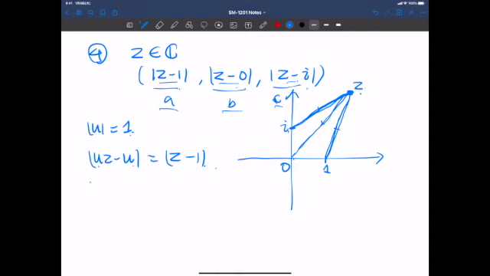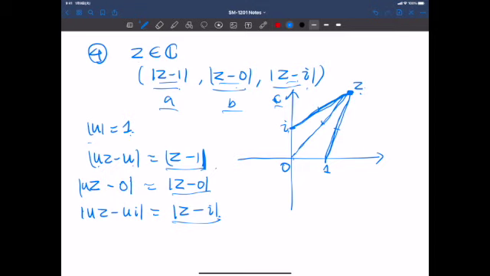And similarly, |uz - 0|: u times 0 is 0, so this is still |z - 0|. And |uz - ui| is still equal to |z - i|. So if you multiply by a unit complex number, then we still have the same triple of distances from these 3 points.